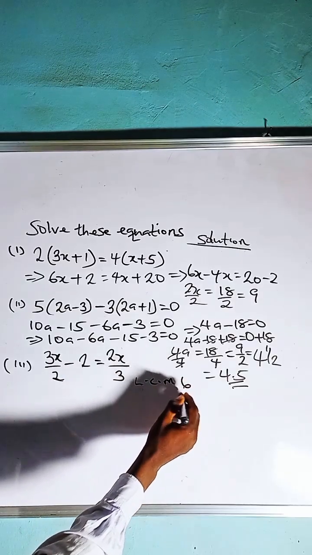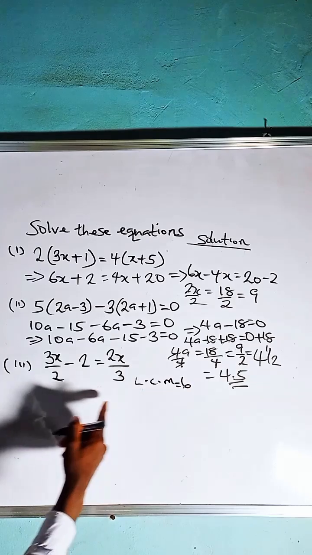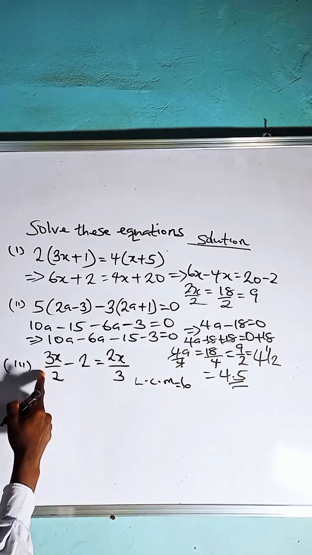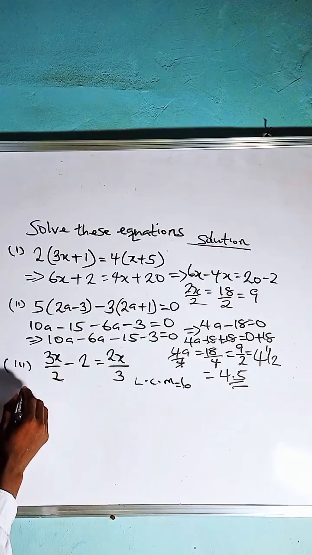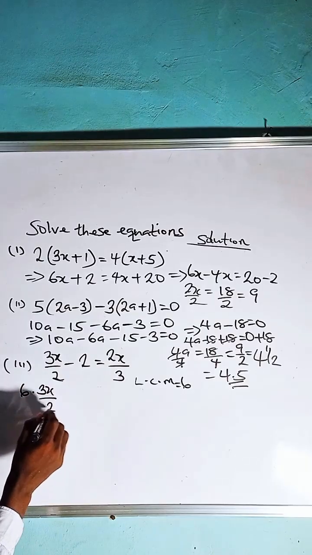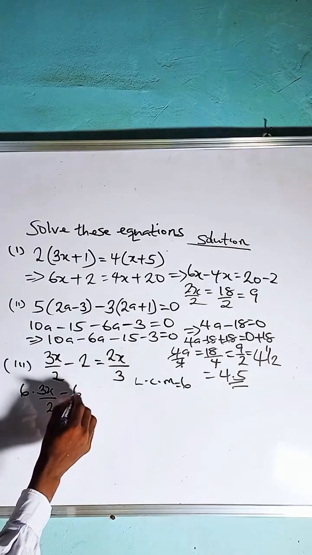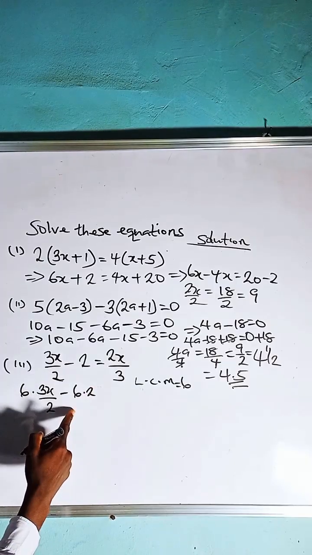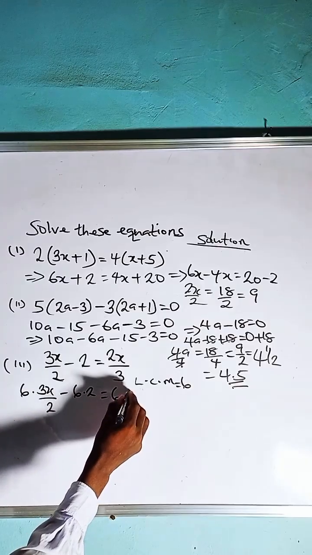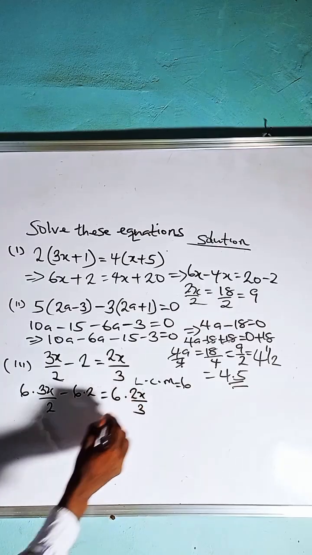Okay, so for 6 to be the LCM, let us multiply the LCM with all parts of the fraction. So we have 6 times 3x over 2, minus 6 times 2, equals 6 times 2x over 3.